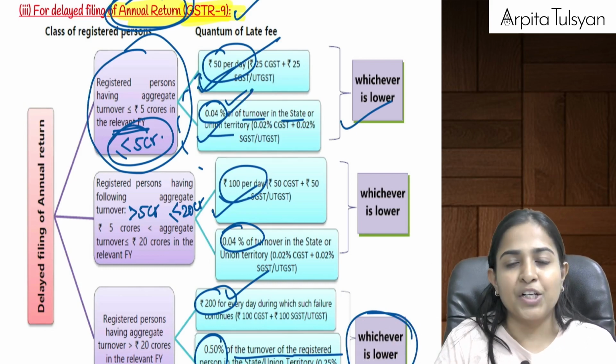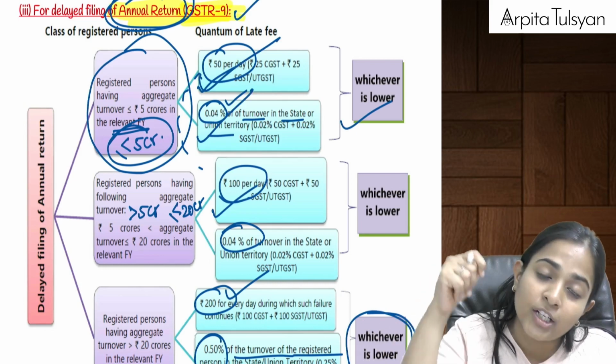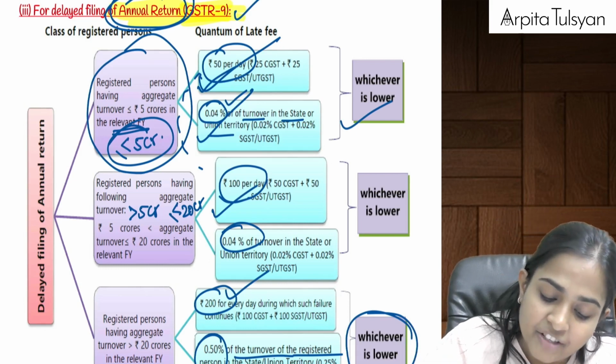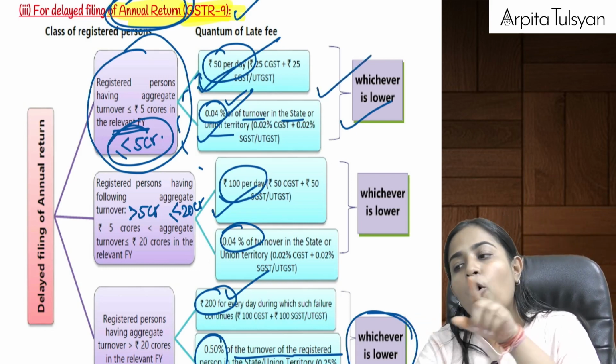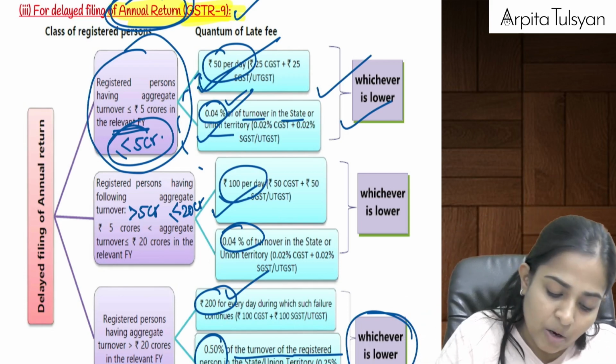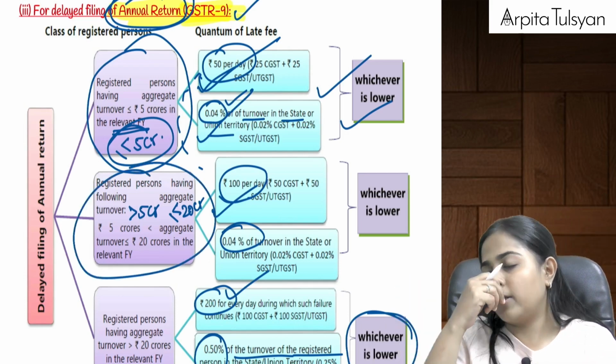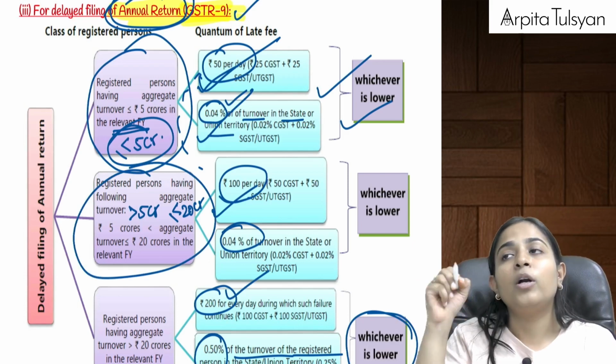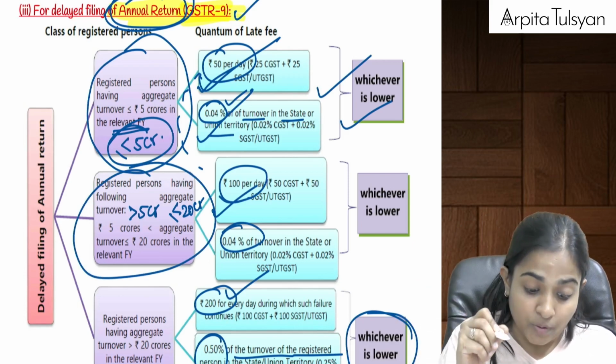Not aggregate turnover, 0.04% of the turnover in that state or union territory, whichever is lower, 50 rupees per day or 0.04%. Right?